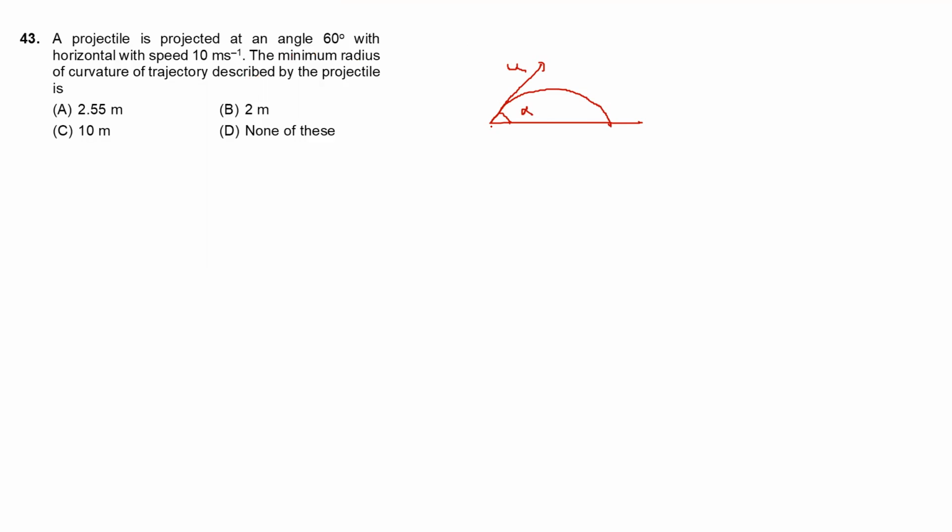Right, students, let's draw a perpendicular to this. There will be another perpendicular like this also we can draw. If this is alpha, this is 90 minus alpha, totally 90, so this will also be alpha. Yes or no? Students, it is going like a circle.